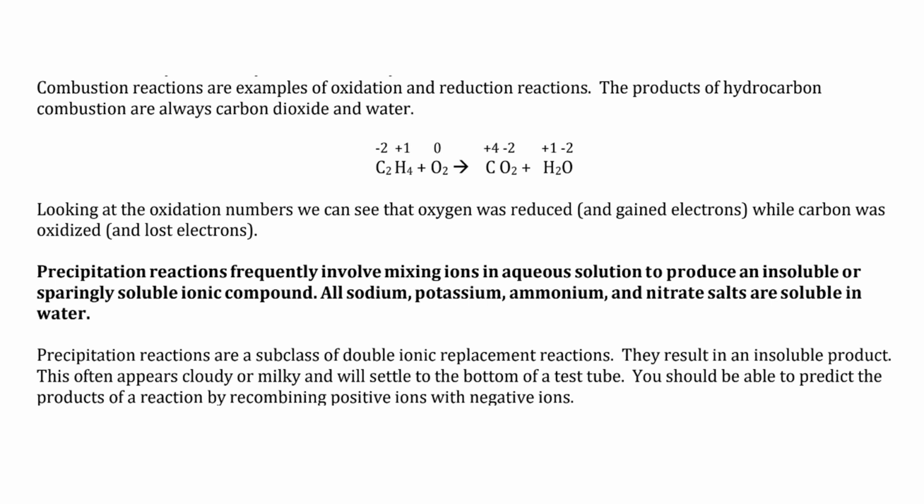Remember that if it's a compound, it equals 0. If there's a charge for the ion, it equals that. So all of these should equal 0 in the end, like C2H4, the combination of those oxidation numbers will give you 0, etc. So then you can see from carbon that it goes from -2 to 4 plus.